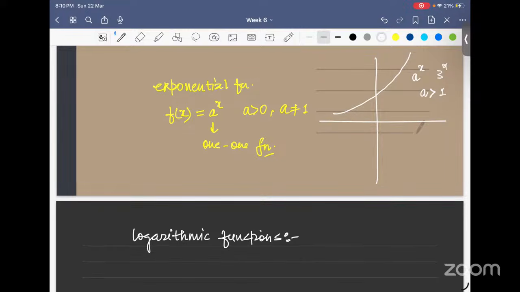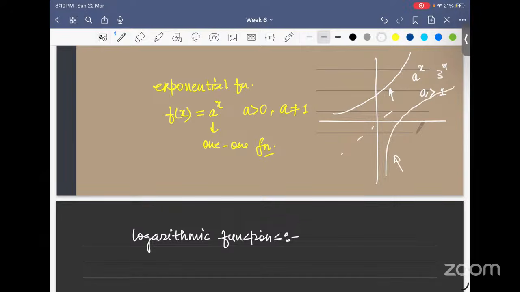If you know the graph of a to the power x, how will you plot the graph of the inverse of a to the power x? Sir, that will be the reflection along y equal to x. Correct. Symmetric across y equal to x. Yeah, so it will go something like that, right?